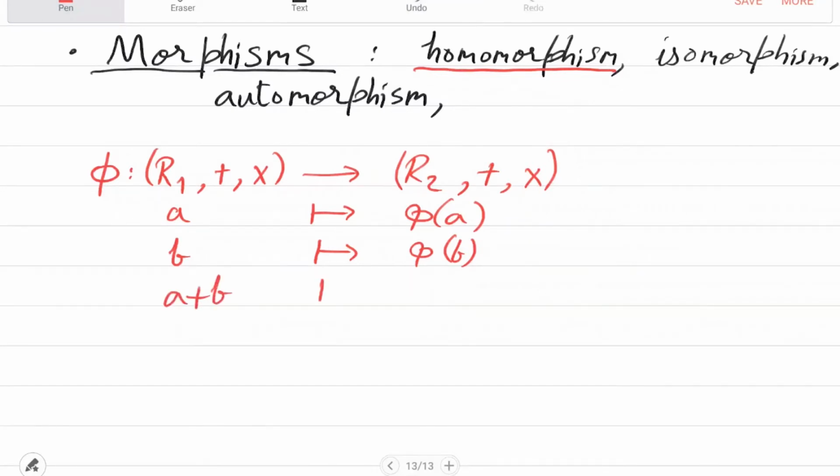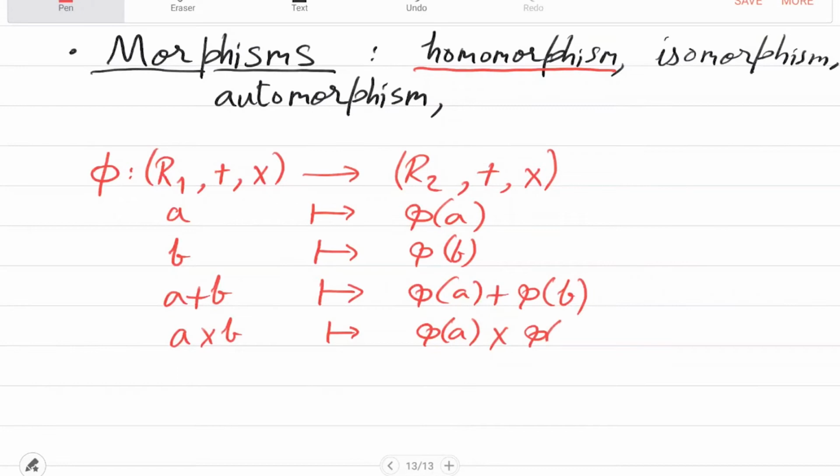So A plus B should not be left free. Since you want structure preservation, it should be sent to phi A plus phi B. Okay, this is the only point. So this for plus and this for multiplication. Right, so this should be true for all A, B.